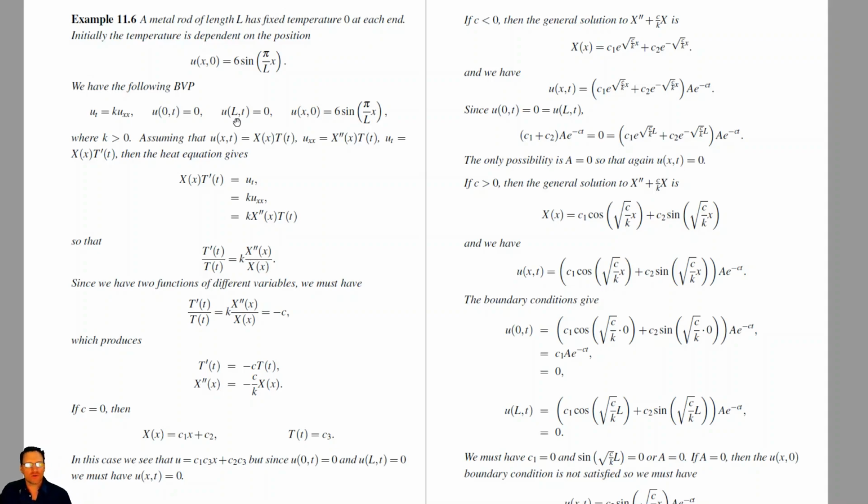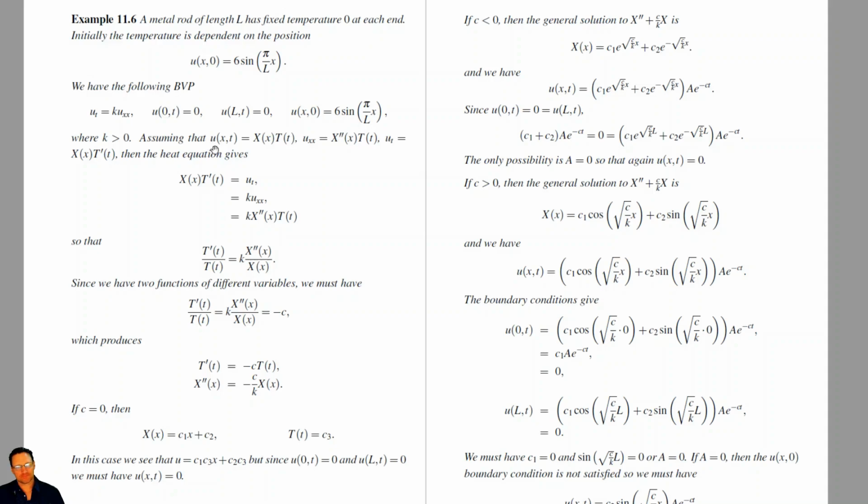And then we're told that initially we've got a temperature that depends on the position. So that's initially means when t is 0. Okay, so for that we can write this u of x, 0. Well, that's already written there up in the problem. Okay, where k is positive.